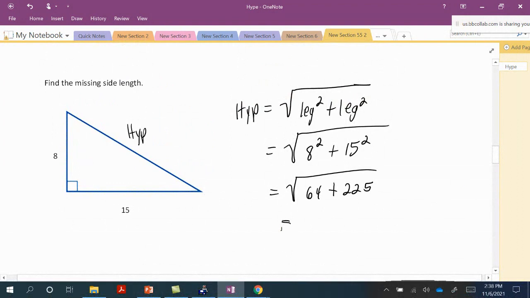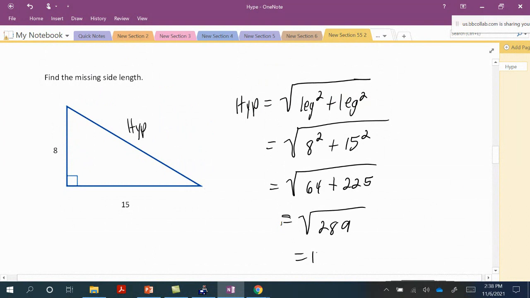I'm going to add 64 and 225 for a total of 289. And we have a hypotenuse of 17. Right, so notice that the hypotenuse should be the longest side, and it is in fact the longest side.